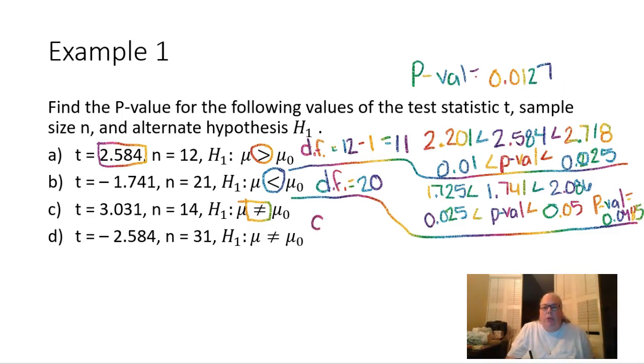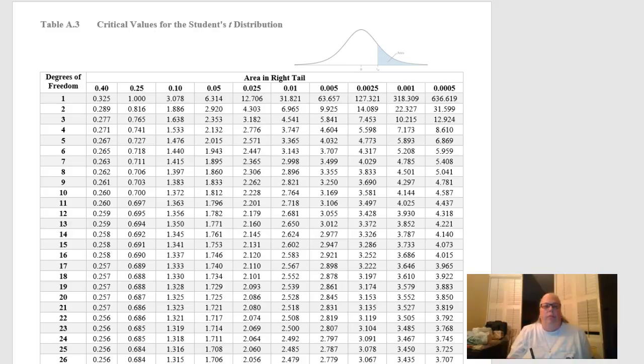Okay, our degrees of freedom are going to be 14 minus 1, so that's going to give us 13 degrees of freedom. We're going to look on table A3, line 13, we're looking for 3.031. Here's line 13. 3.012, 3.372.